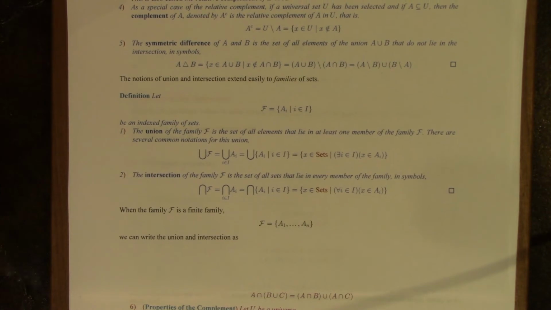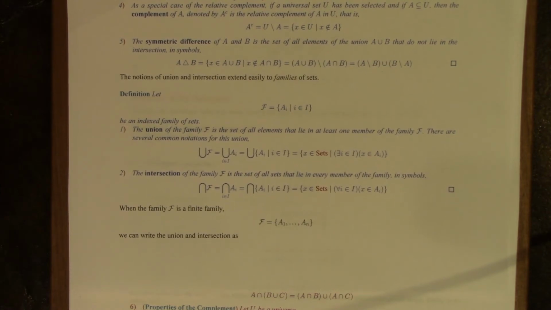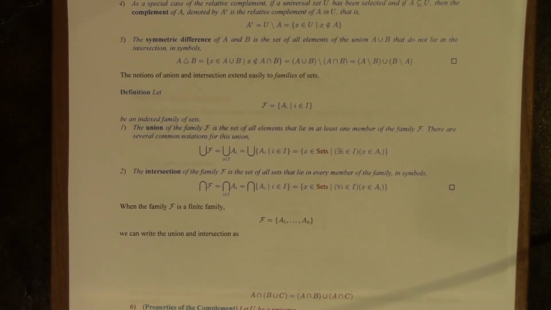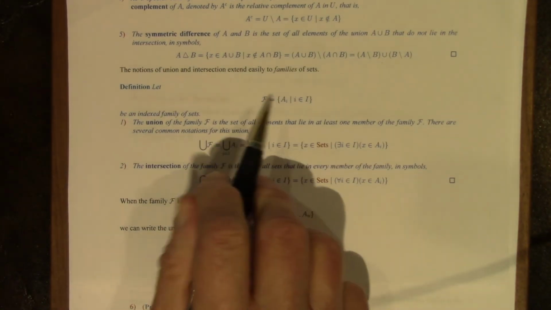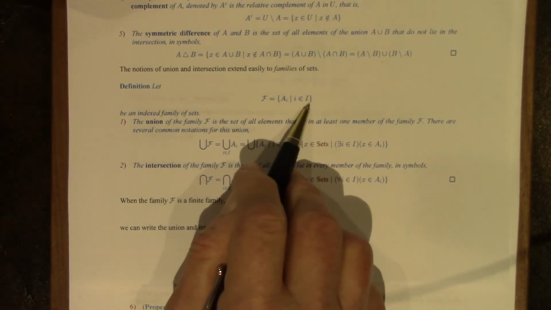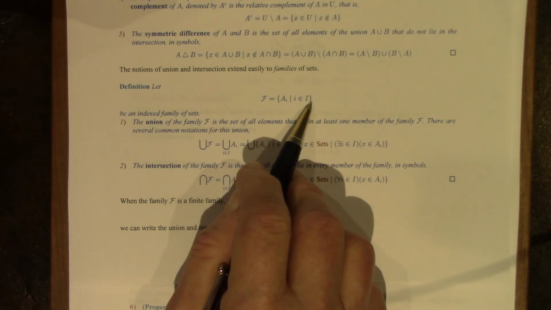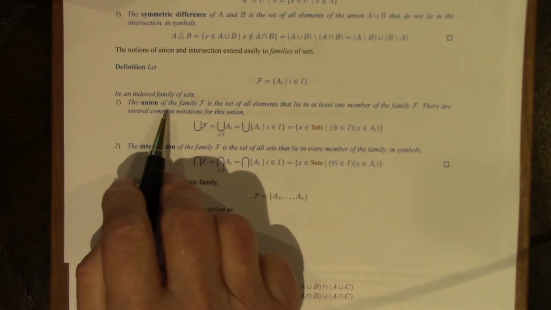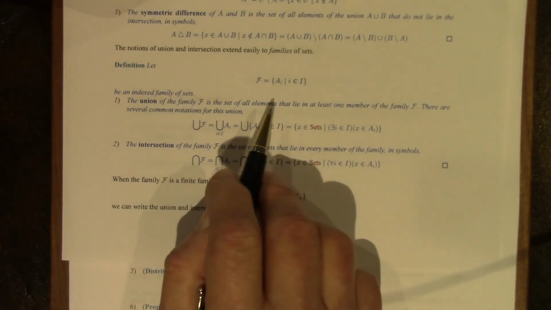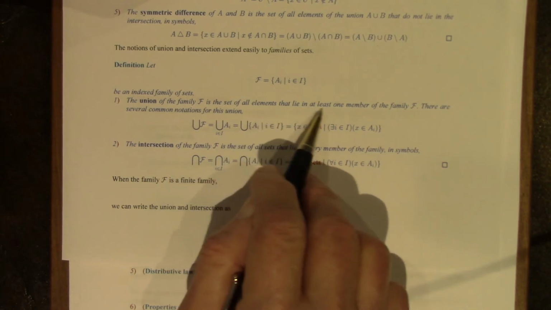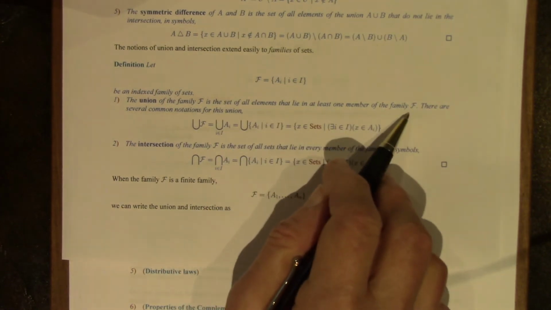Unions and intersections extend rather easily to families of sets. Here is an indexed family of sets. Again, this could be a set of sets or a multiset of sets. The union of the family is the set of all elements that lie in at least one member of the family.